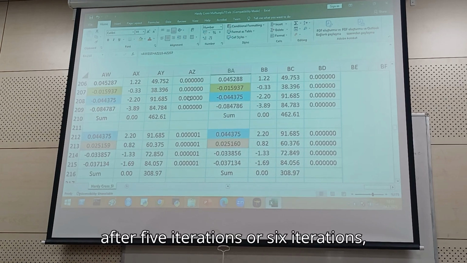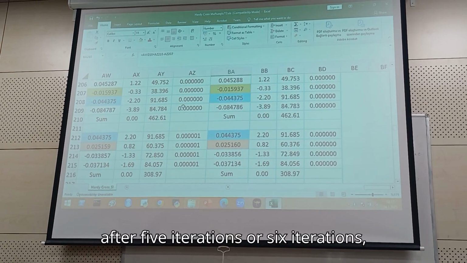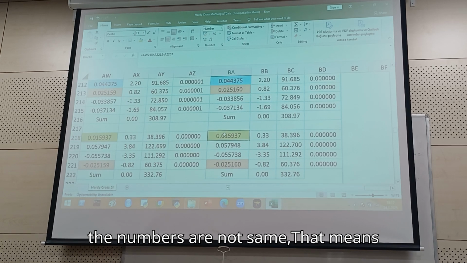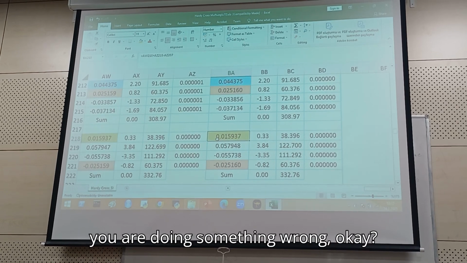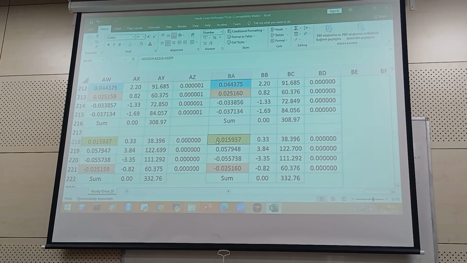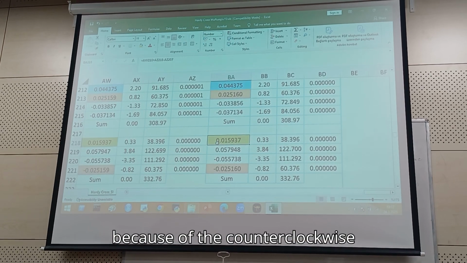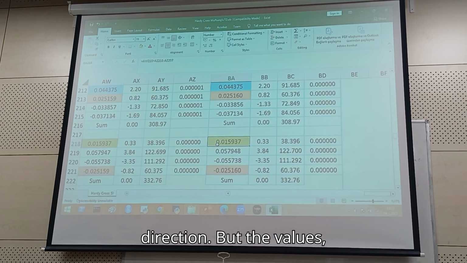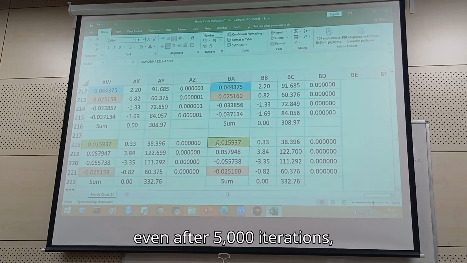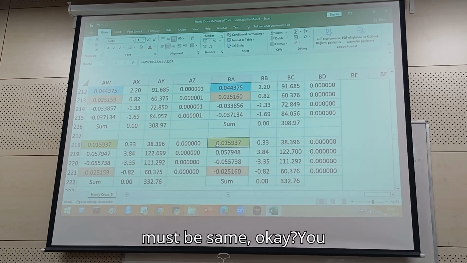If after 5 iterations or 6 iterations, the numbers are not same, that means you are doing something wrong. Okay? Signs will definitely be different because of the counterclockwise direction. But the values, even after 5,000 iterations, must be same.